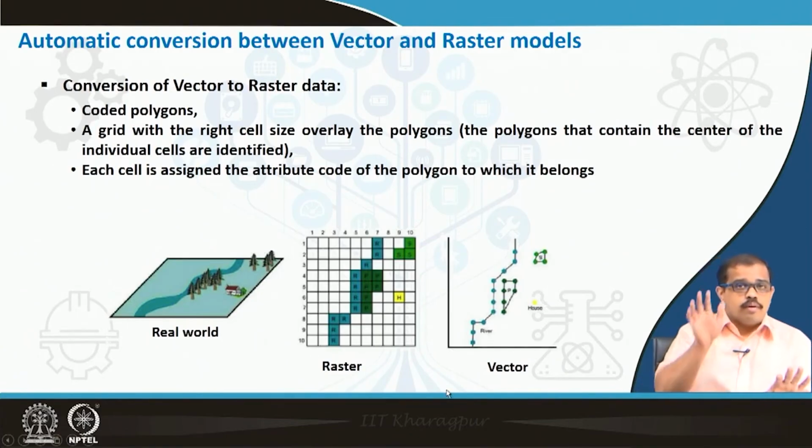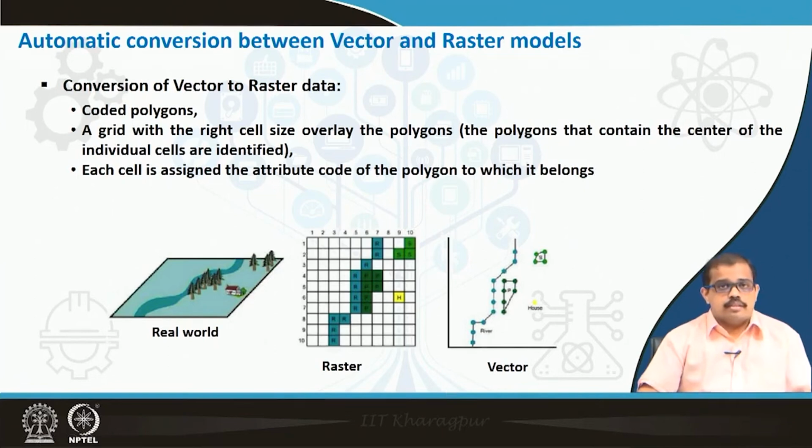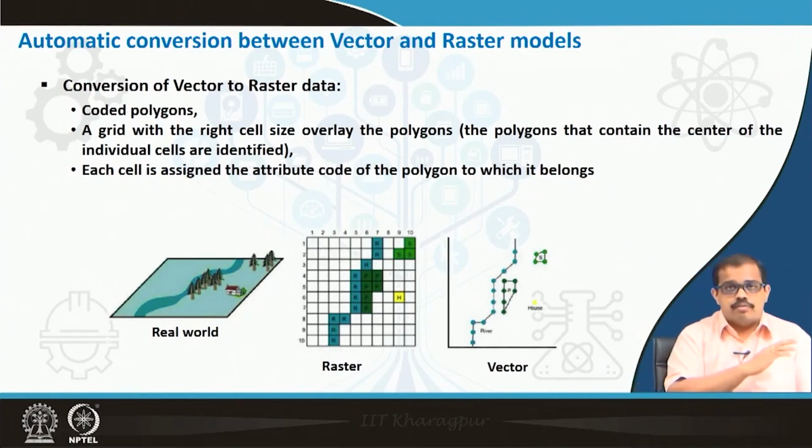Now, you overlay the cells on a polygon. The size of the vector information is equivalent to the size of a raster cell. Each cell is assigned the attribute code of the polygon to which it belongs. Okay, I have already shown how it is done, but just to signify how the attribute code belongs.